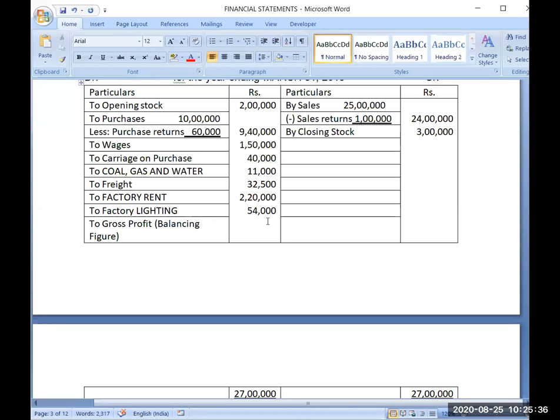So you will be copying these amounts from one page to another, and you will also make some mistakes in copying the amounts. Then you will be wasting your time writing the amounts again on another page. So you have to save this time. You have to learn how to save this time.